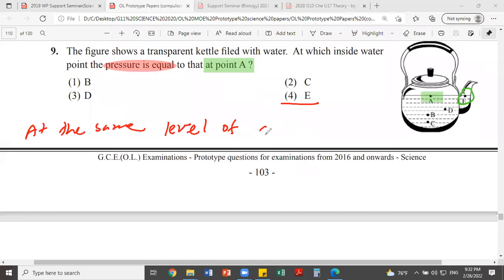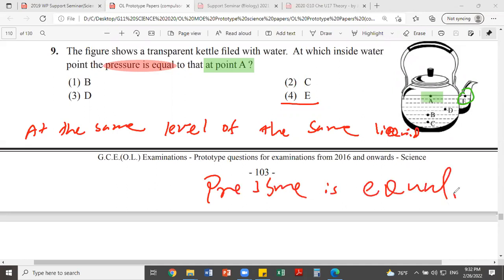Liquid pressure is equal. Therefore, answer is E. Question number 10, 10th MCQ.